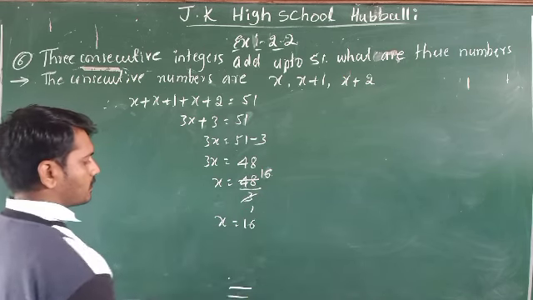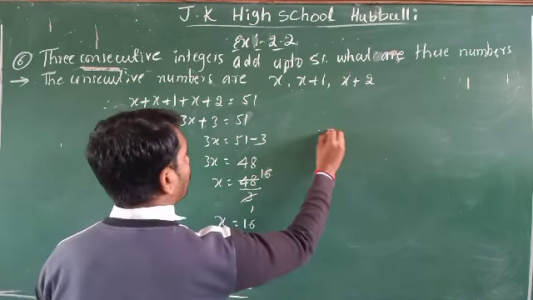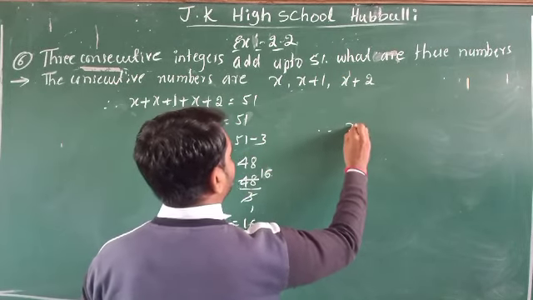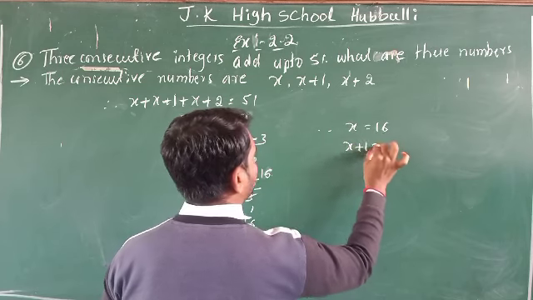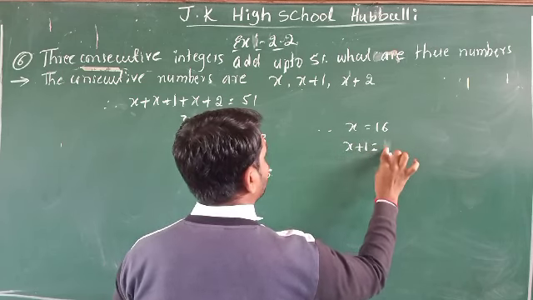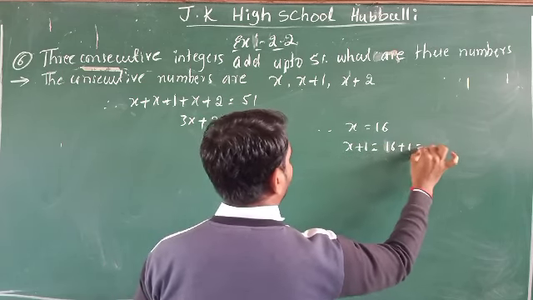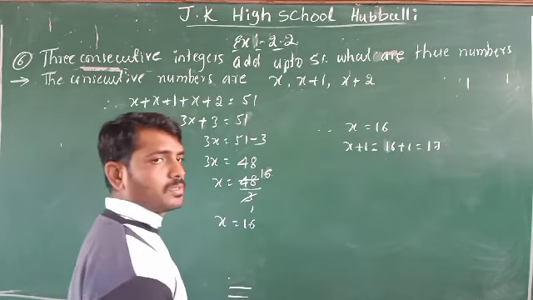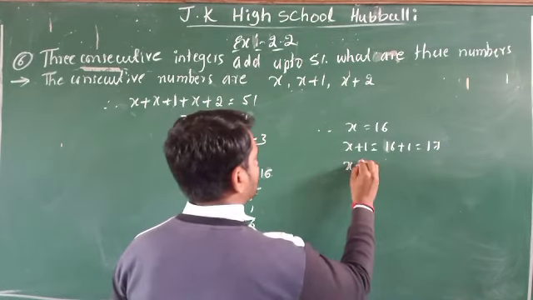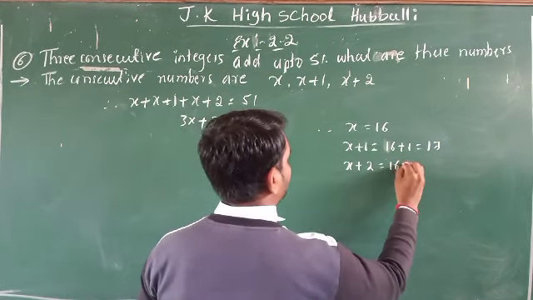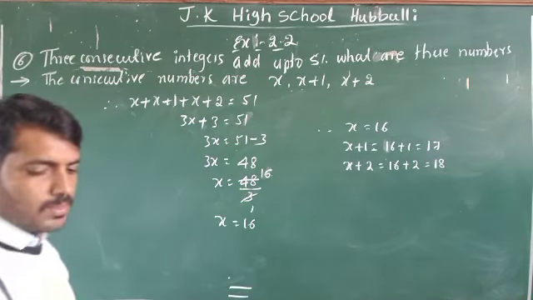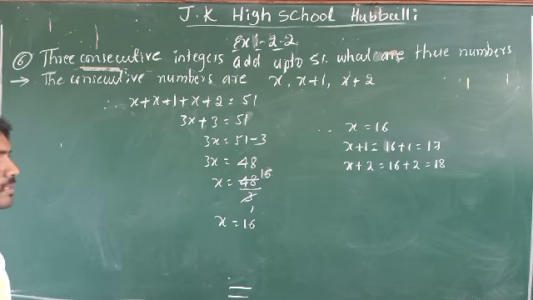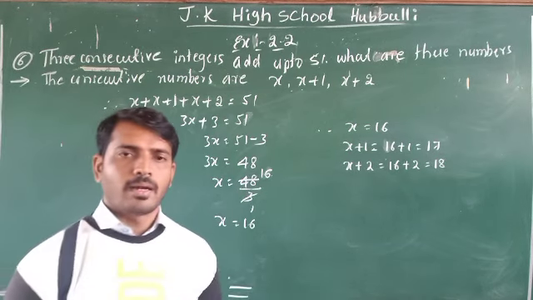Therefore, x is equal to 16. x plus 1 is 16 plus 1, which is 17. Next term, x plus 2, 16 plus 2 is equal to 18. The numbers are 16, 17 and 18.